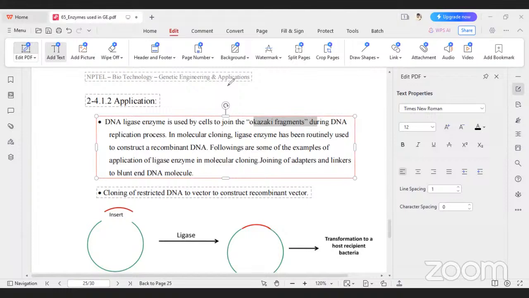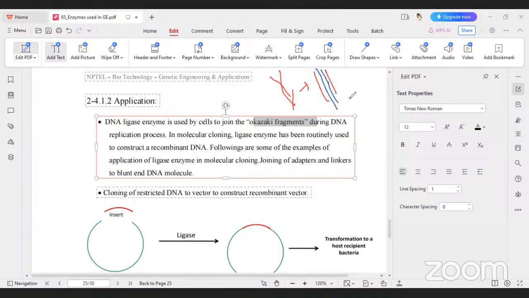DNA replication. What is the replication process? The DNA strand is separated and forms new DNA strands, shown in blue color. This is called the replication process.